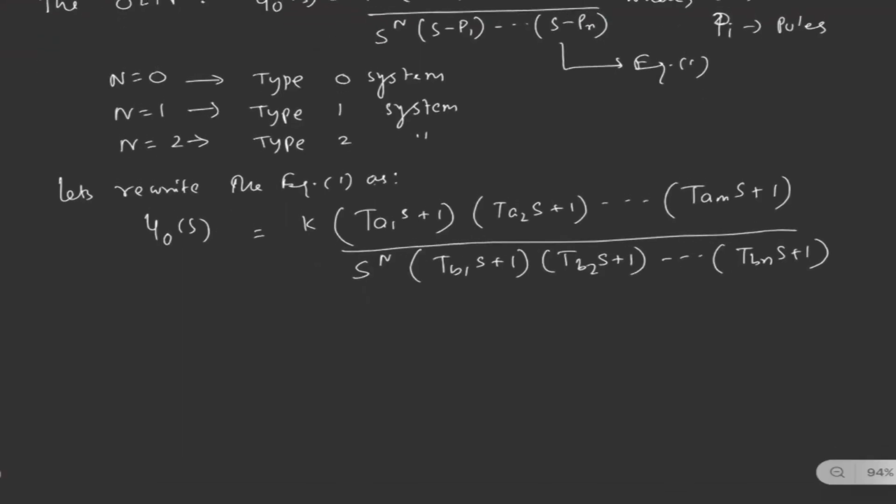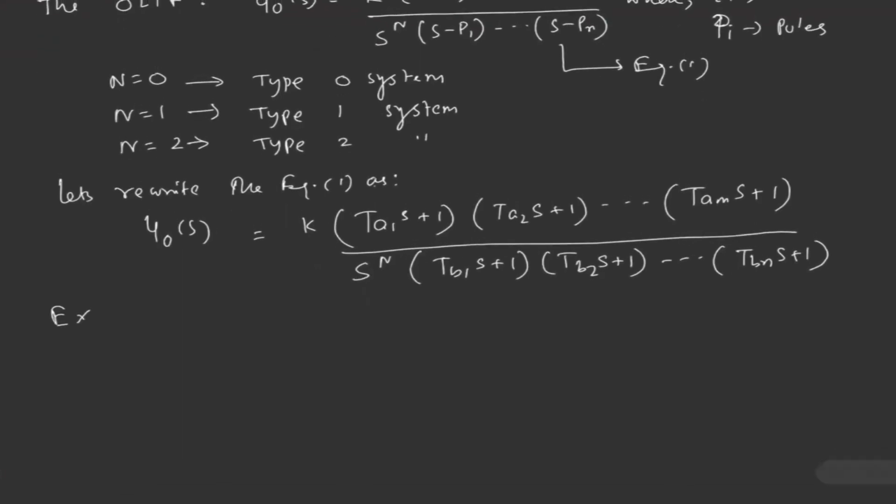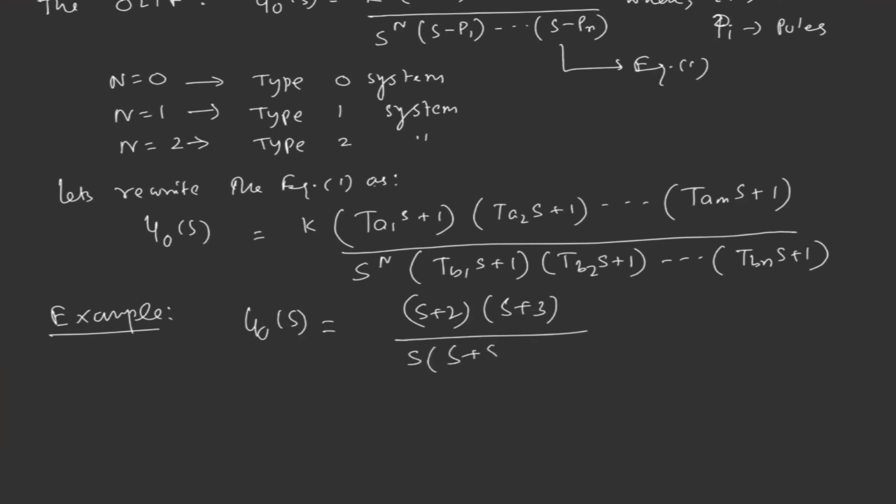If you take an example, we can write in this above structure. For example, G naught is equal to, we have some system with S plus 2 and S plus 3, two zeros, and we have S into S plus 5 and S plus 8.